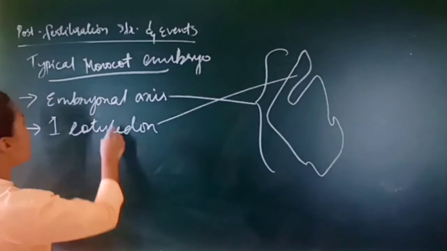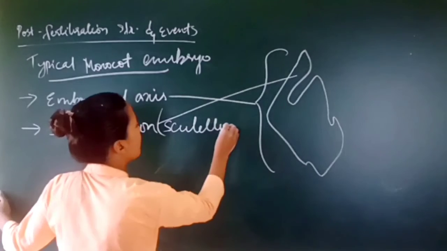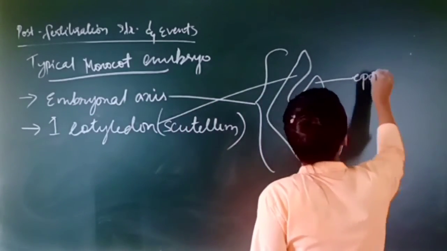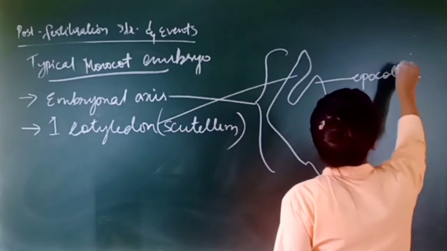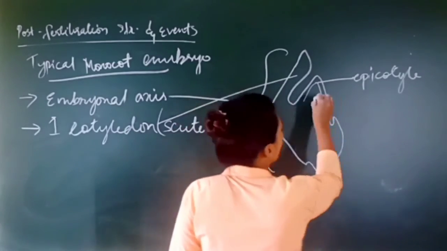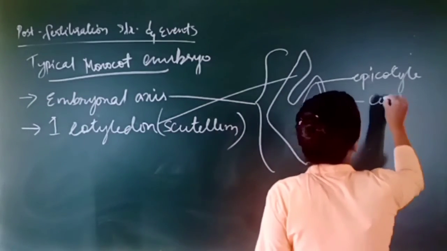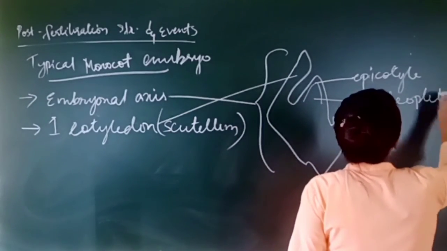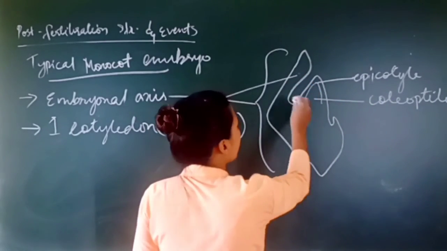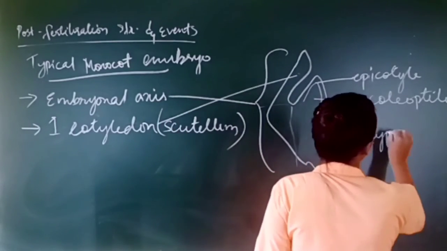Now this cotyledon is also called the scutellum. Above the level of the scutellum, this part is called the epicotyl. This epicotyl encloses a shoot apex called the coleoptile. So we have the coleoptile here, and below the region of attachment of the scutellum with the main body, this part is called the hypocotyl.